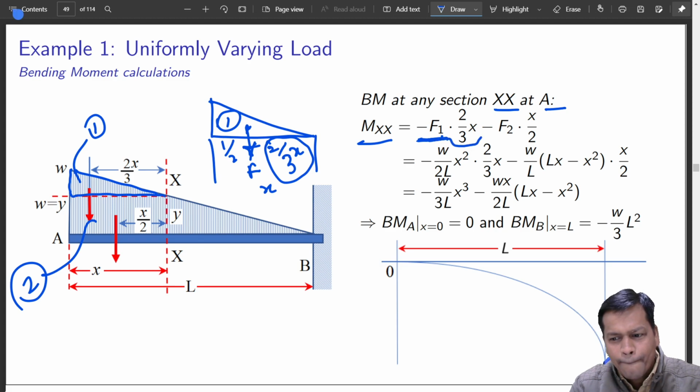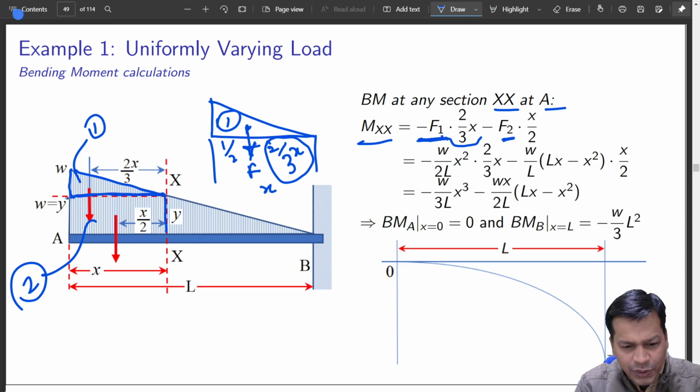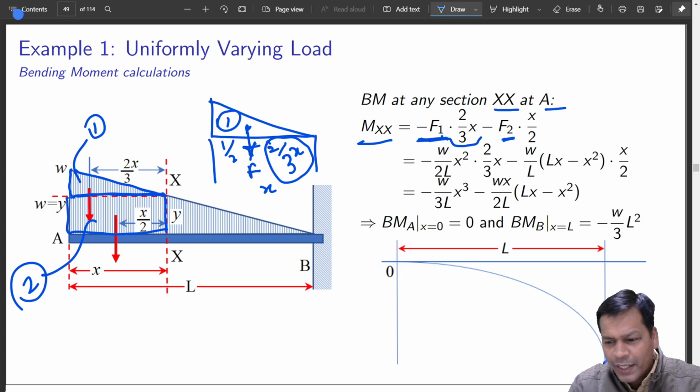This is clear? Now the second section, F2. F2 is the load acting due to this rectangular part, and that always acts at its center, that is x by 2. Now substituting all of these, I will get this.